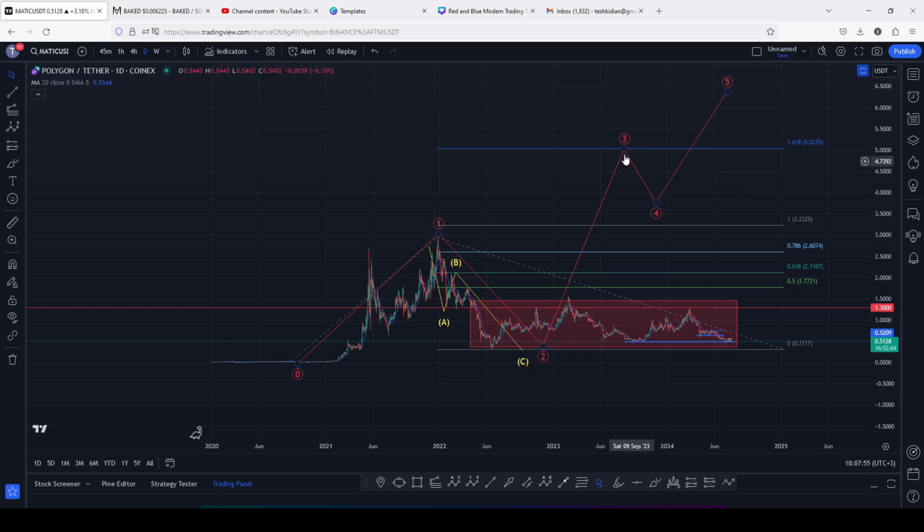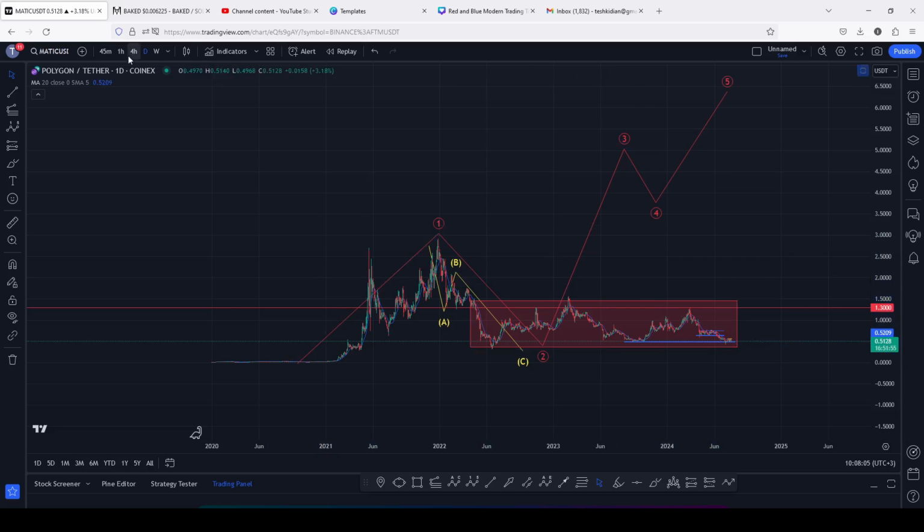Then I can expect an ED12 count 4, then continue gearing up even higher in an ED12 count 5. So that is the price action that I'm expecting on the long term.